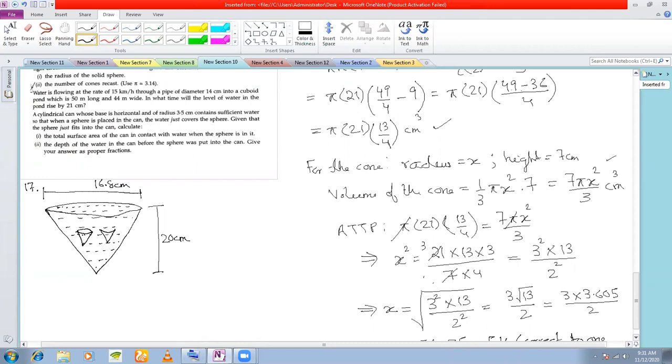Say this cone is dropped. Let us draw it separately. Okay, this cone is dropped, so that they are fully submerged. They are fully submerged means they are at the bottom.